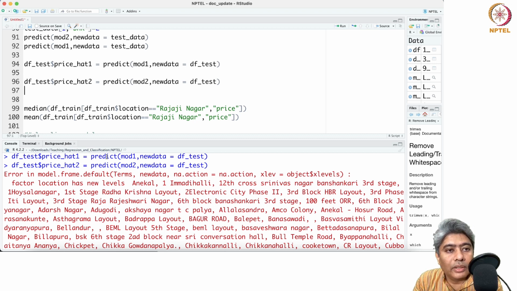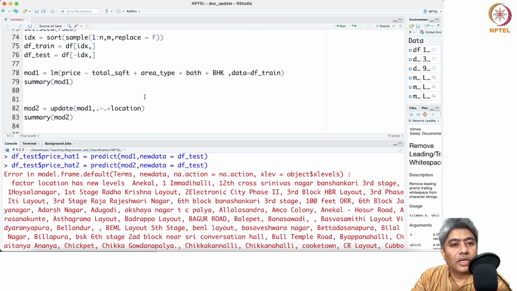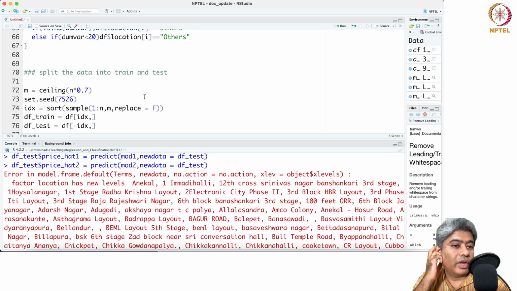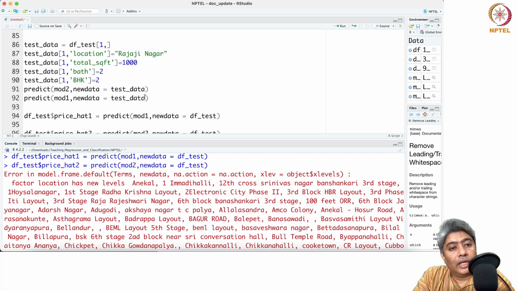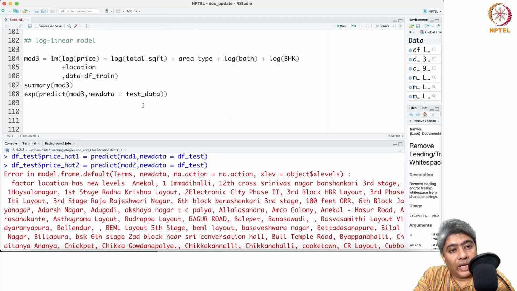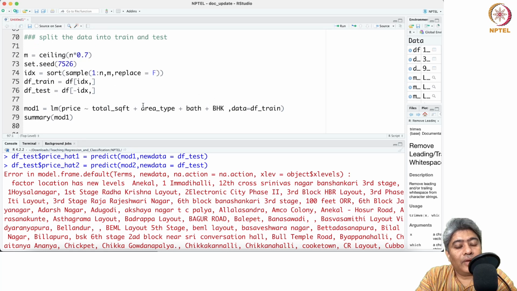When the split happened, it did not consider every location. So one way of doing it is, for each area, to split it into train and test. That is definitely a good idea actually. Let me try that.